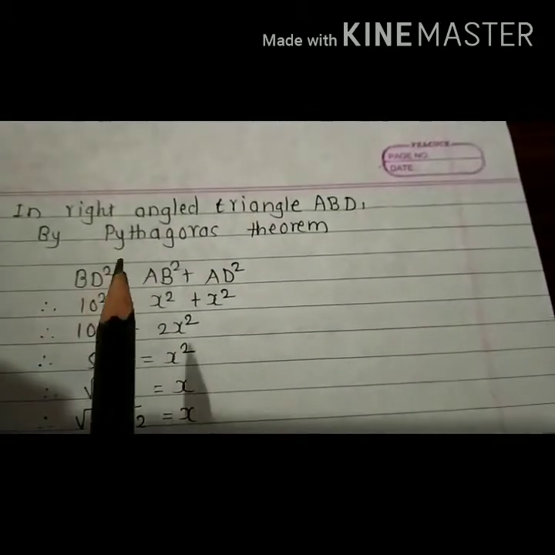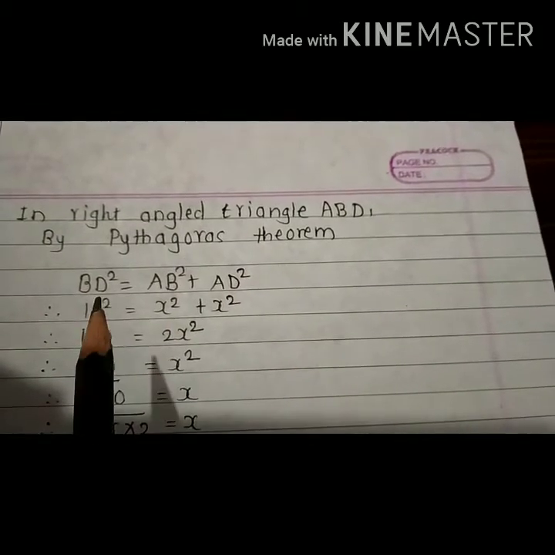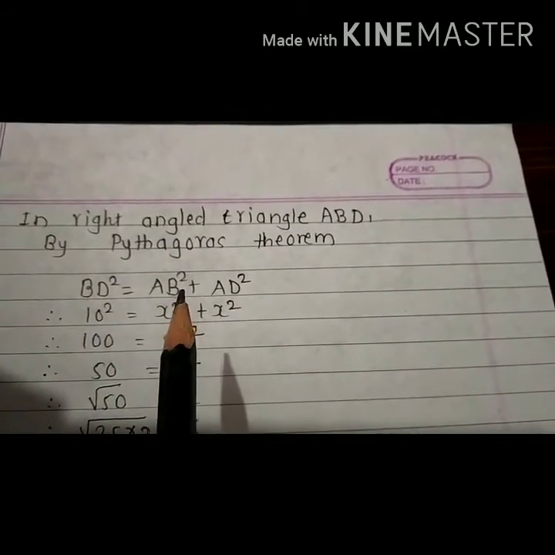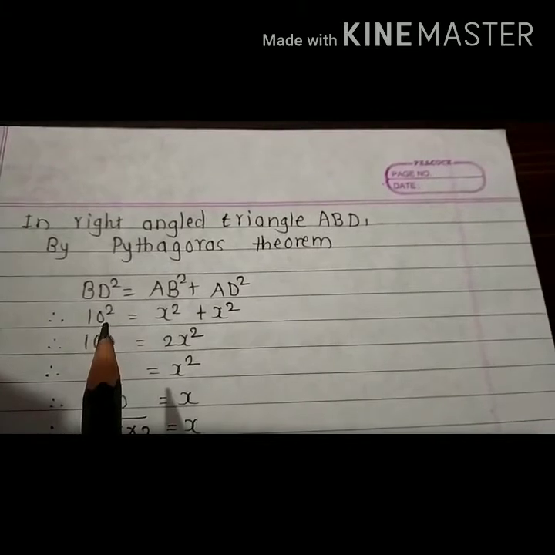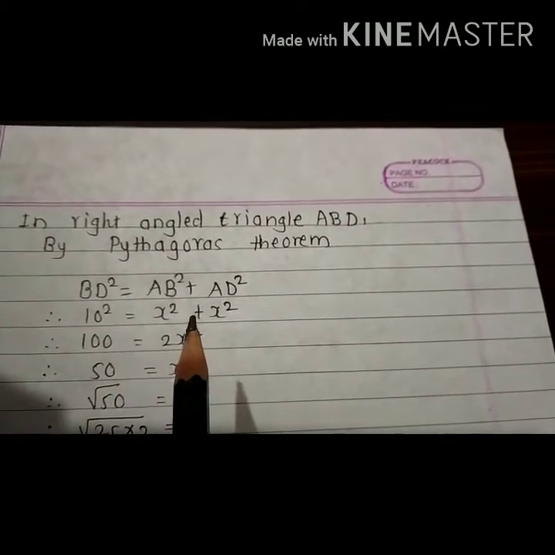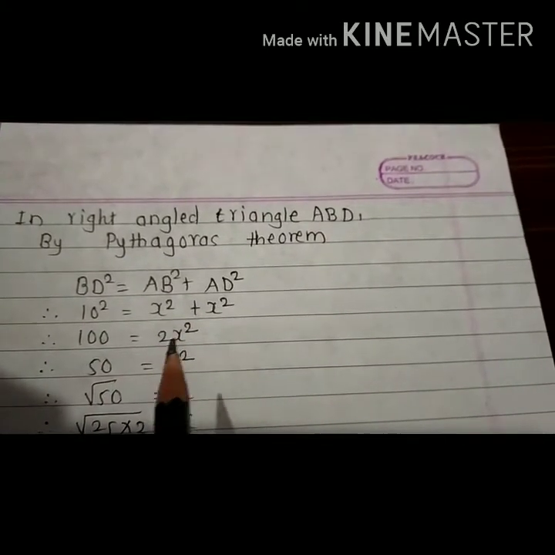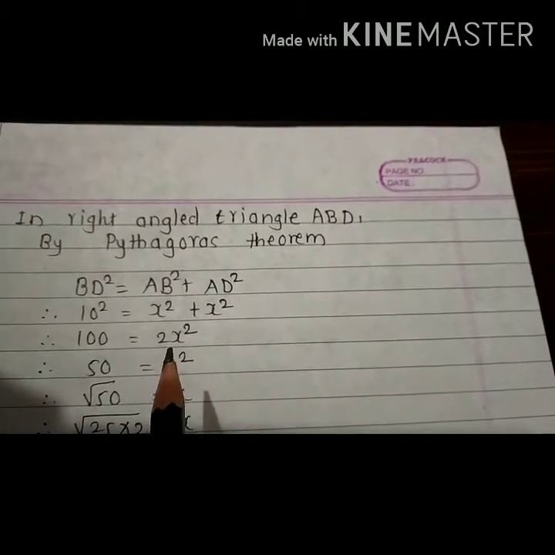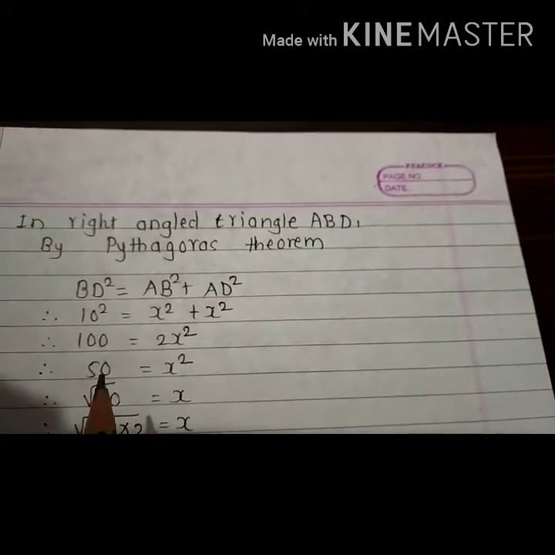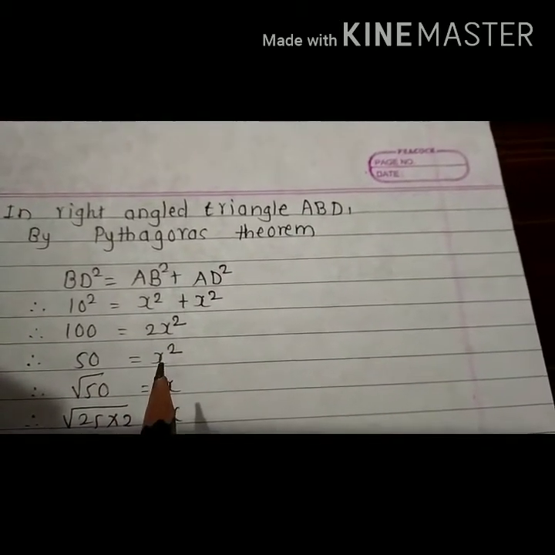Therefore, by Pythagoras theorem, BD square is equal to AB square plus AD square. 10 square is equal to X square plus X square, which is equal to 2X square. If we divide by 2, therefore 50 is equal to X square.